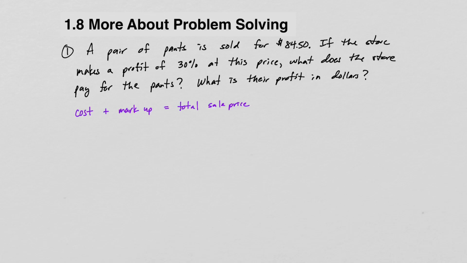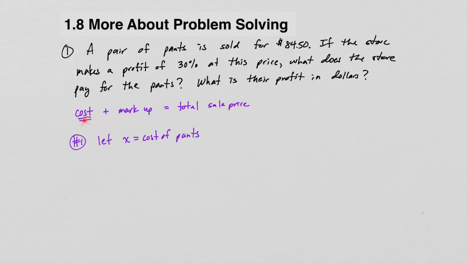And so we want to know, what does the store pay for the pants? That's the cost. So let's go ahead and define our variable to be, let x be the cost of the pants. Now all we have to do is take that information and substitute it into our idea up here.